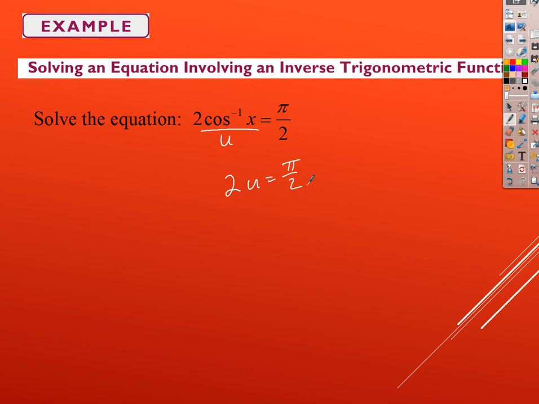I can solve that. I divide both sides by 2. u is equal to pi over 4. But that's not what u is. It's inverse cosine of x. So inverse cosine of x is equal to pi over 4.